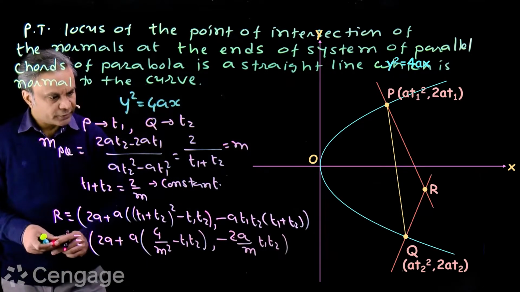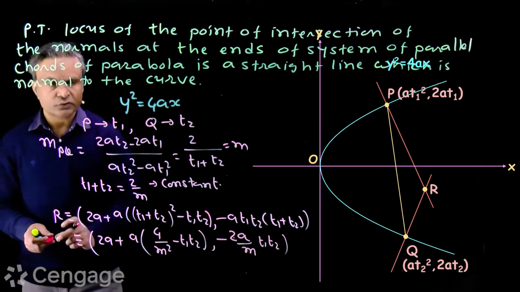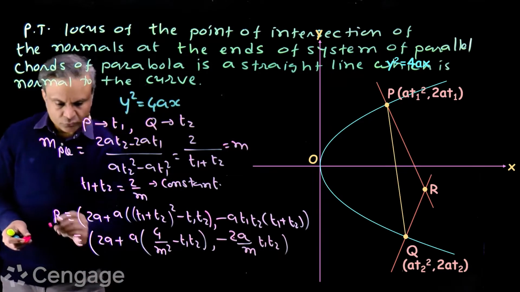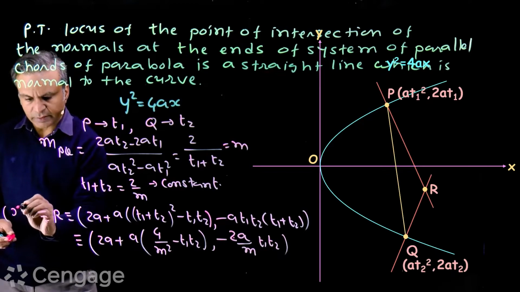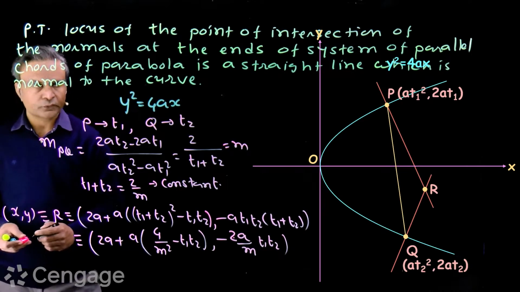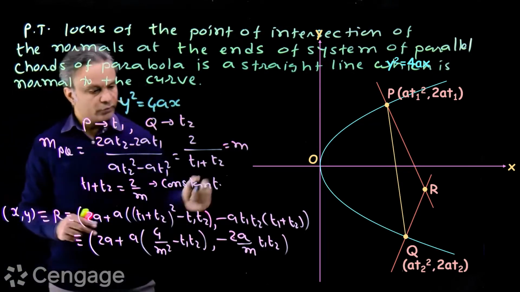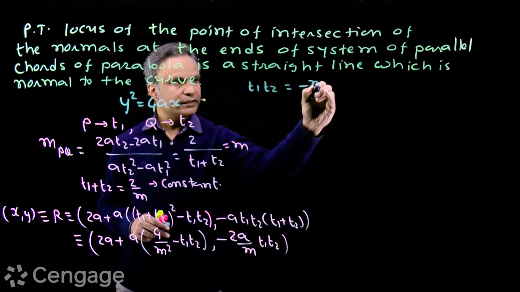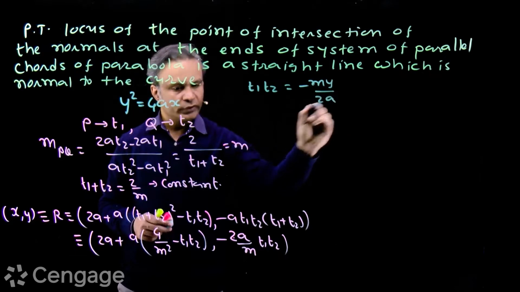Okay, now to get the equation of locus of point R, we must eliminate t1 t2, and it's simple. Suppose coordinates of point R are x comma y. Comparing y coordinates, we get t1 t2 is equal to minus my upon 2a.